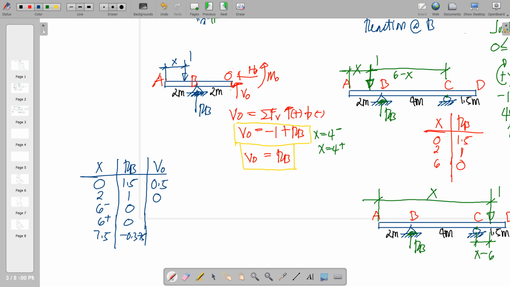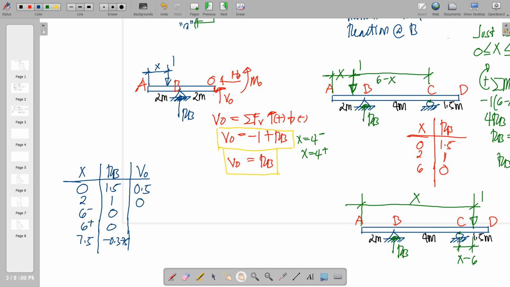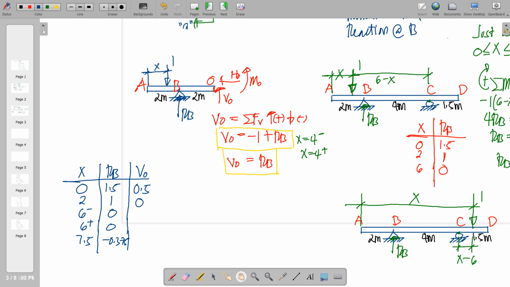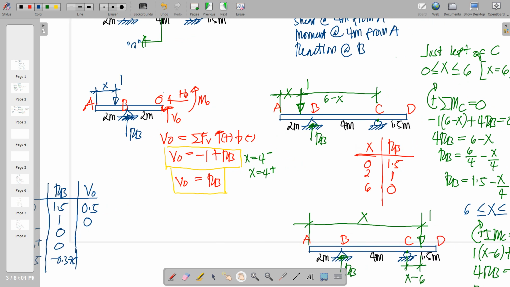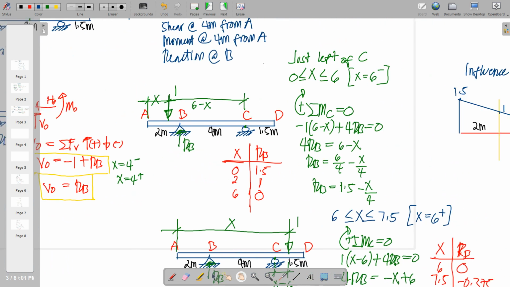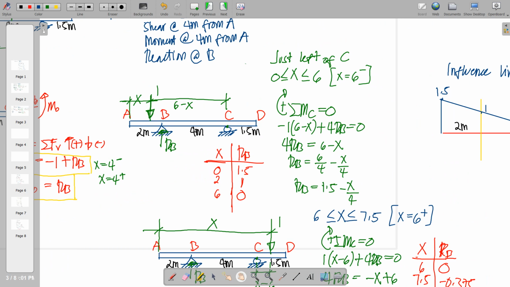But practically, we can go back to your equation using just left of C. Just left of C, we have this. It ranges from 0 to 6. So your 4 will still be within the boundary of just left of C using this equation.